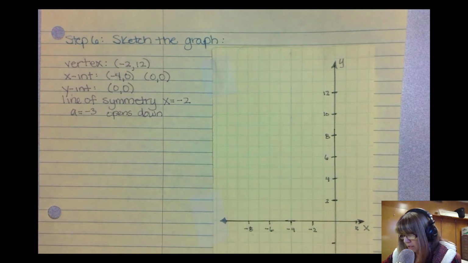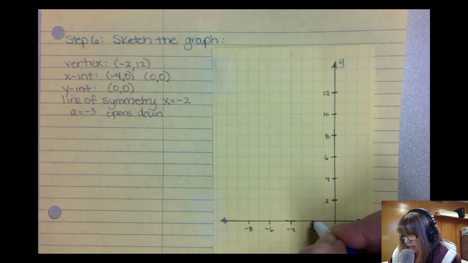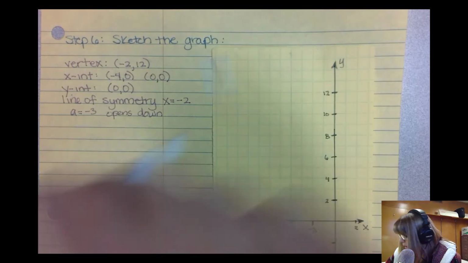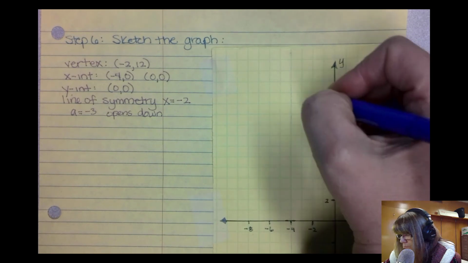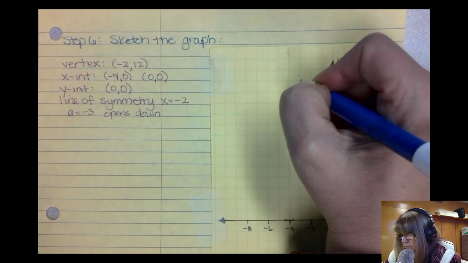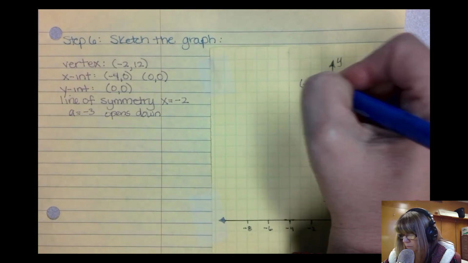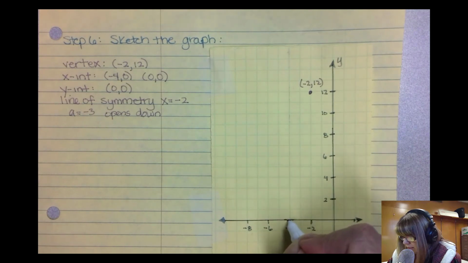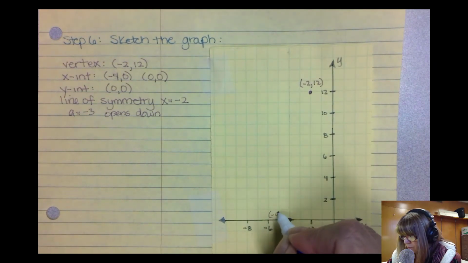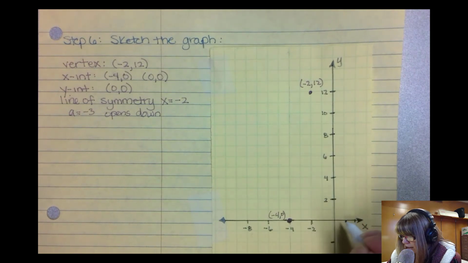So I'm going to plot these points that we know we have. We have (negative 2, 12). We have (negative 4, 0). We have (0, 0).